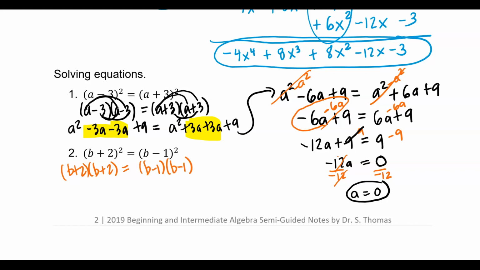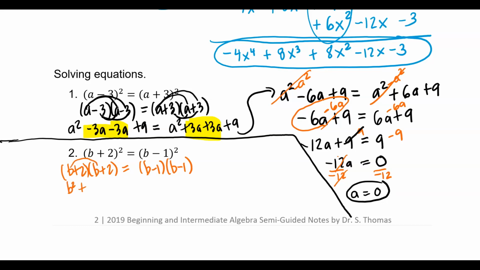So let me put a little partition here so we won't get the two problems confused. So we have b squared here plus 2b plus another 2b plus 4.